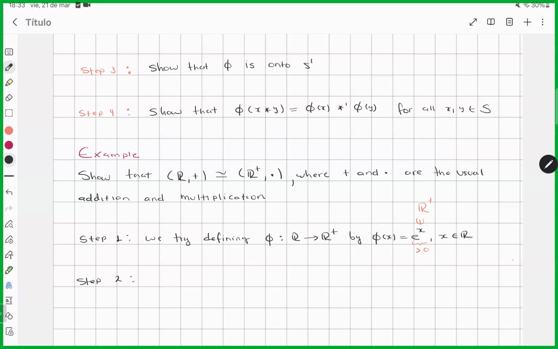So step 2, we should show that this map is one-to-one or injective. So let's suppose that phi of x is equal to phi of y. Then, by definition of this map, this is equal to the following.